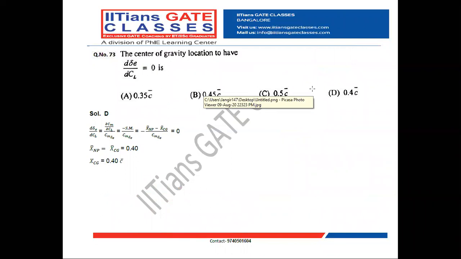Now question number 73. The center of gravity location to have d del E by dCl equal to 0.